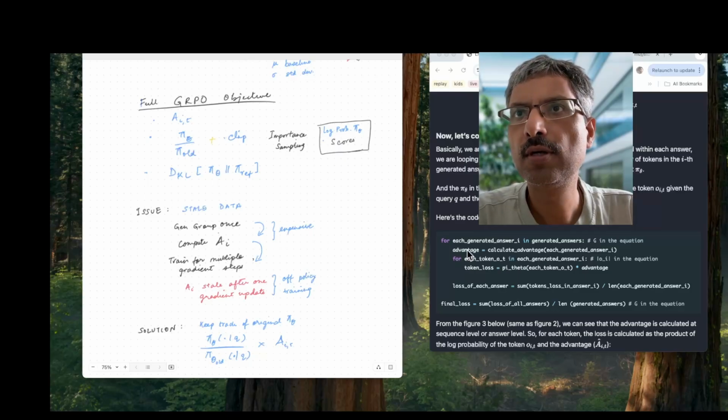Once you have the advantage, we use it to compute a token loss for each of the tokens generated. Pi theta is the individual score. Once you have the token loss per token, you sum the losses and divide by the length of the generated answer to normalize it. So we get the loss of each answer.